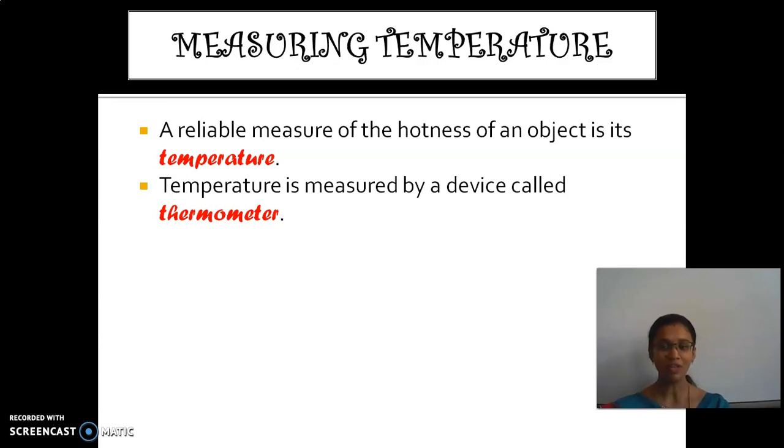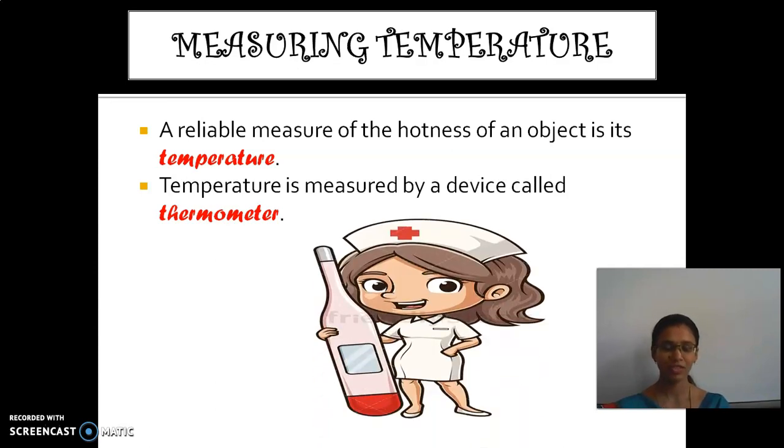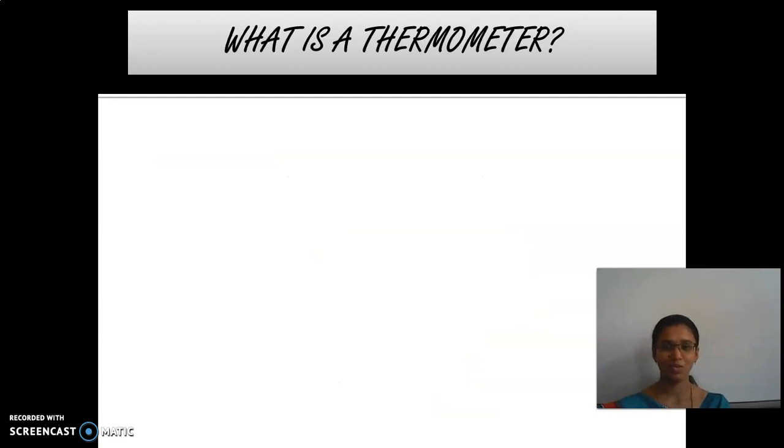The device which is used to measure the temperature is called a thermometer. So what is meant by thermometer?